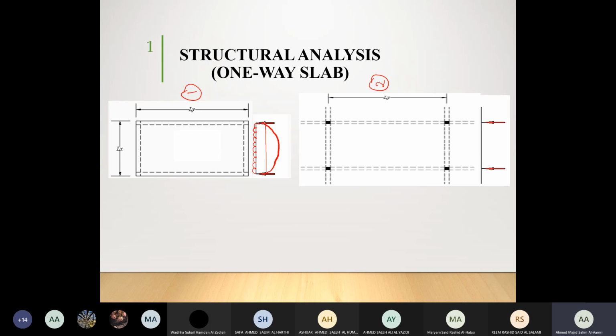Do you agree that this is going to be your bending moment? Yes. Okay. Now for the other scenario, once again, there is a loading on this slab and there is a loading on the other slabs as well. So now if I want to do the bending moment diagram, what I need to do?